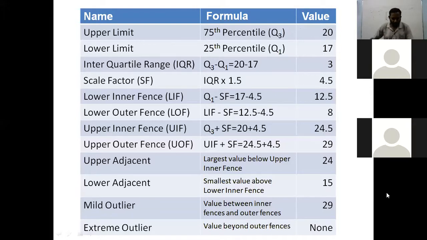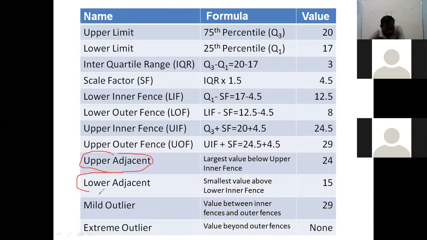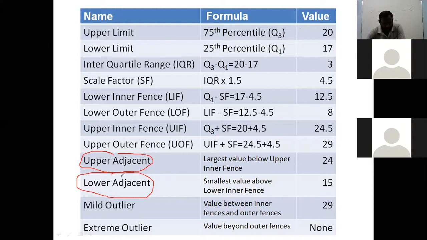Right, now we have two more things that we'll have to calculate. That is called the upper adjacent value and the lower adjacent value. What are those adjacent values? Look at the definition, very simply.